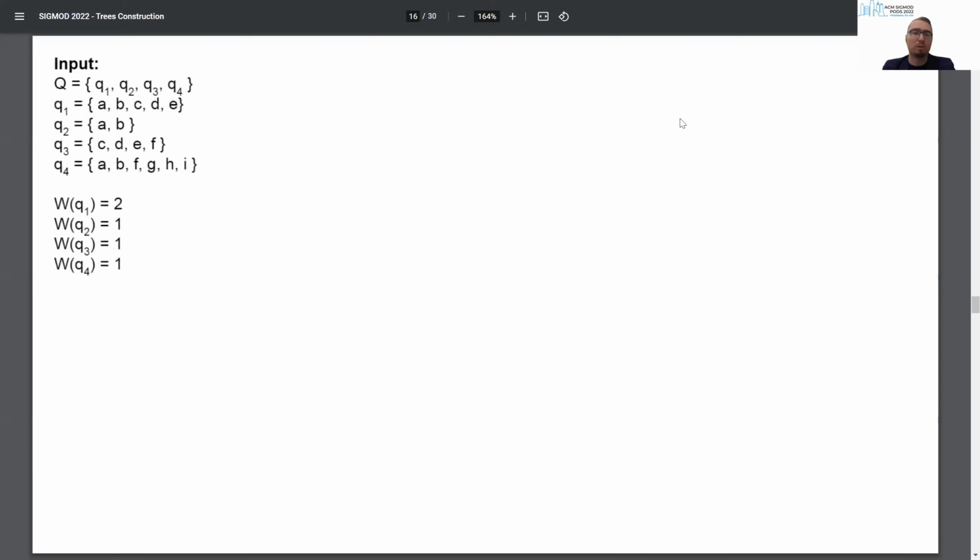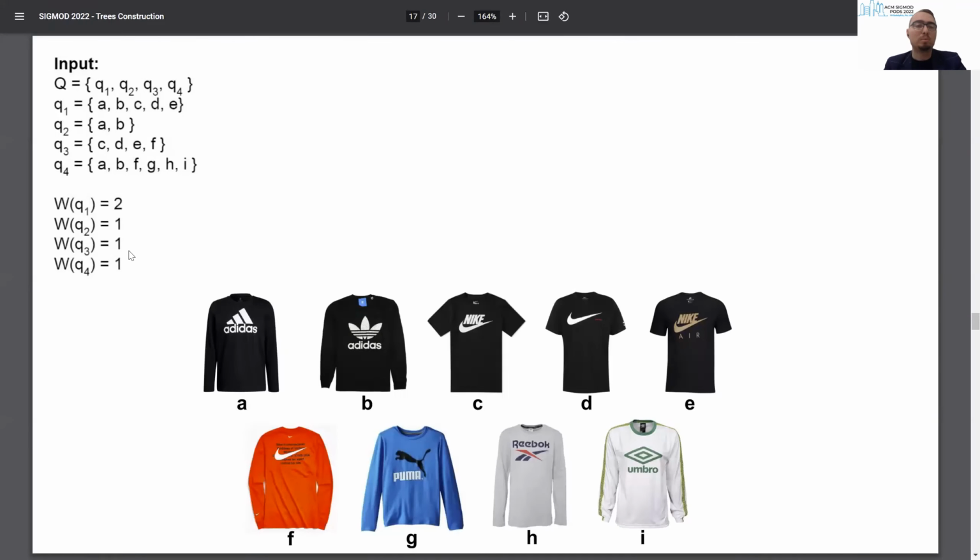Okay, so let's look quickly into examples. You have 4 different queries of different weights. Query number 1 is the most important, and the others have equal importance of 1. You can assume that these elements A, B, C, D, E, etc., are just shirts of different brands, different colors, and different sleeve lengths.